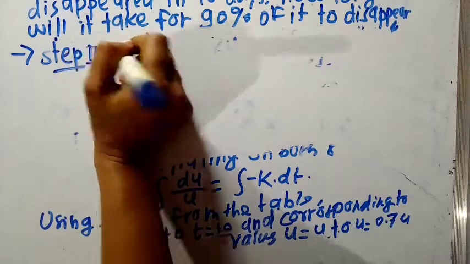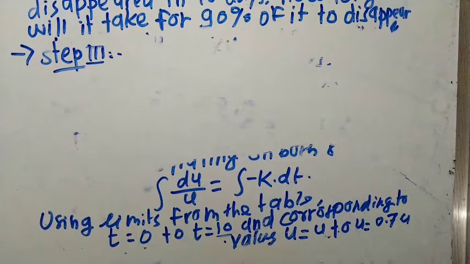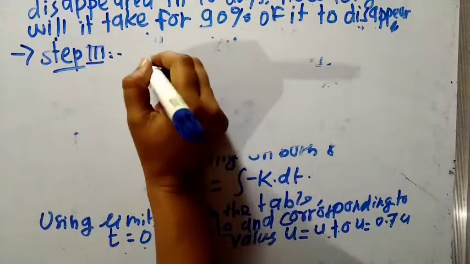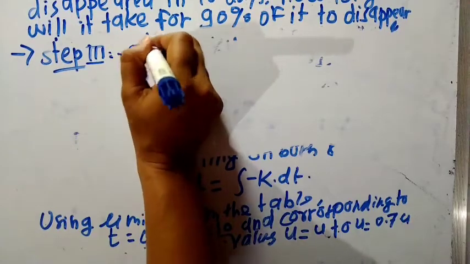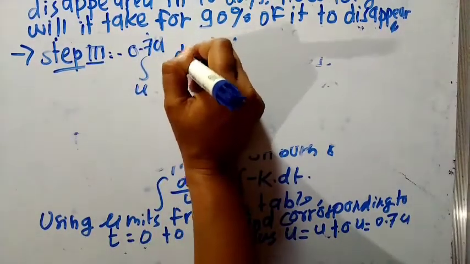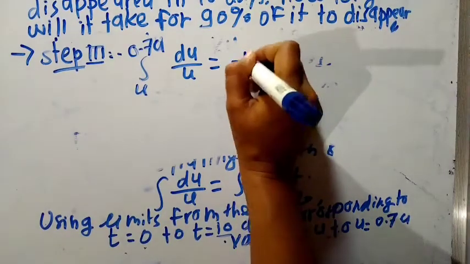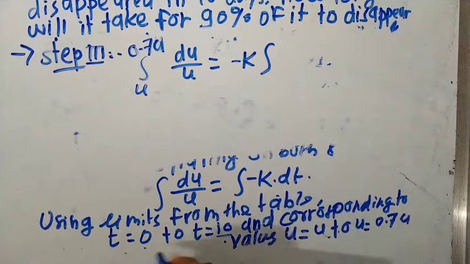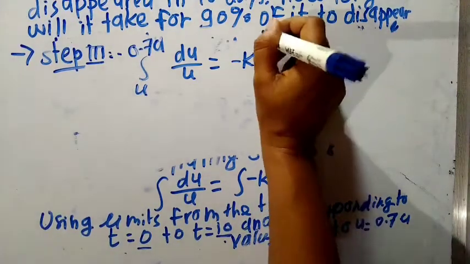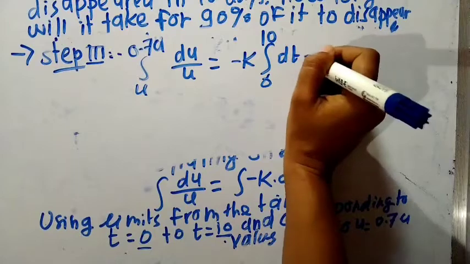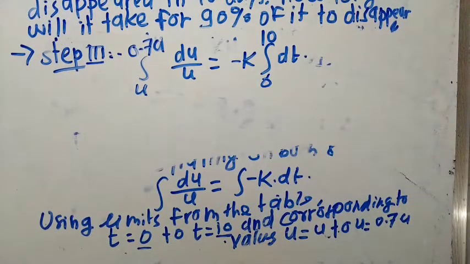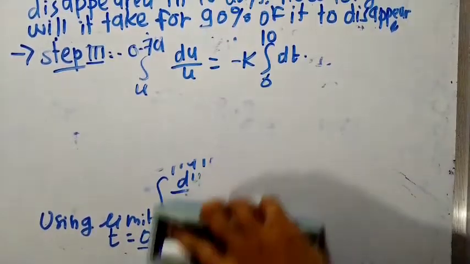Step third, taking the limit of u: u to 0.7 u. So u to 0.7 u, du divided by u is equal to minus k into integration of t, the limit is 0 to 10, into dt. These are the given values from the table.